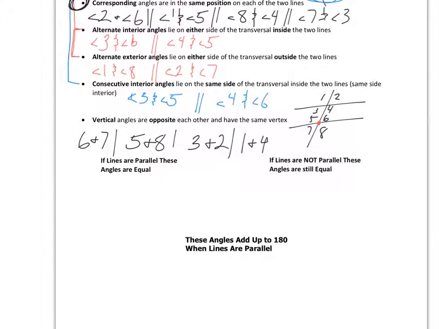So our alternate interior angles, hopefully your handwriting is neater than mine, are equal, meaning they have the same measure. Just like our alternate exterior angles would be. Okay.